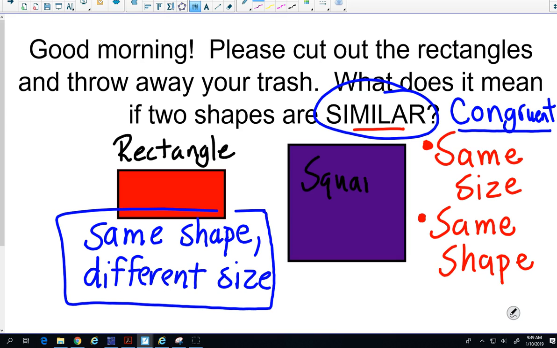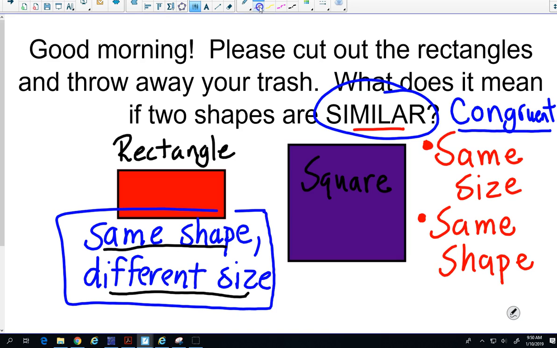So since they're not the same shape, they're not similar. Okay? So what we know about similar shapes so far is that they must have the same shape, which these two do not, because one's a rectangle and one's a square. But they can have a different size.